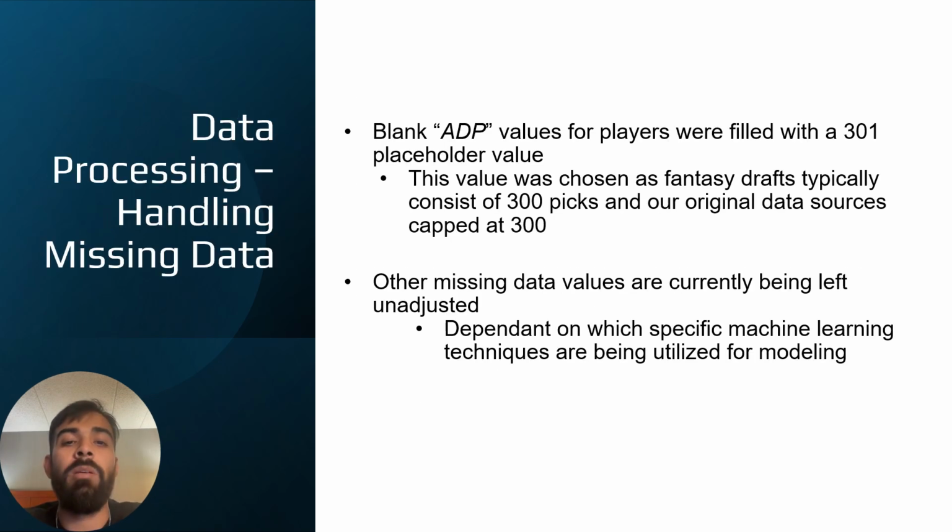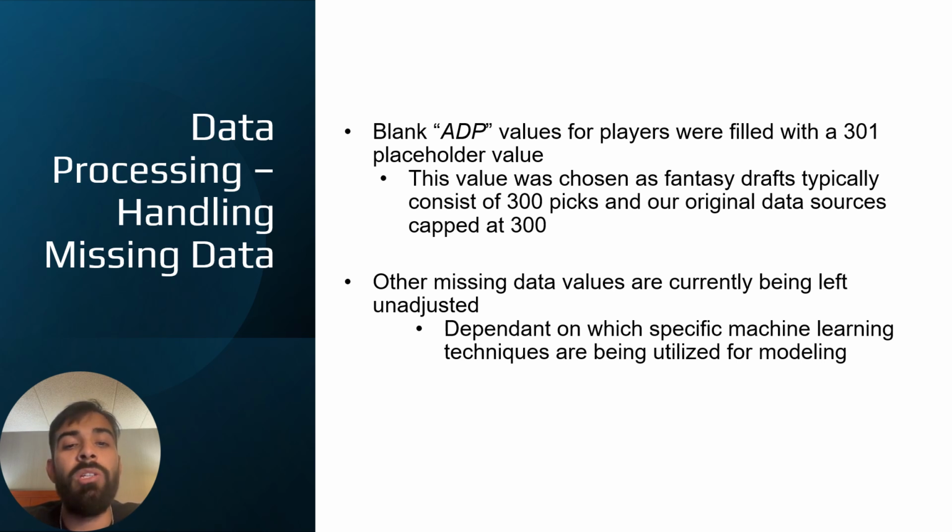And then when it came to missing data, we handled missing data in different ways to preserve the appropriate context. For example, blank average draft position values for players were filled with a 301 as a placeholder value, and we chose 301 because fantasy drafts typically consist of around 300 picks, and our original data source is capped at 300, so we chose 301 to be appropriate in that situation.